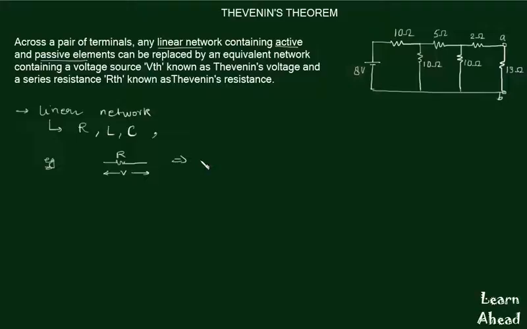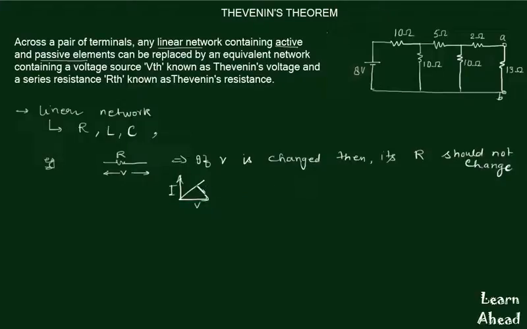That is, if V is changed, then its resistance should not change. And from VI characteristics of a resistor, we know that if voltage is changed across this resistor, then its resistance does not change. So this is a linear element.